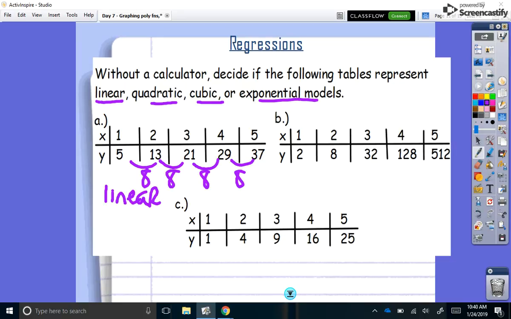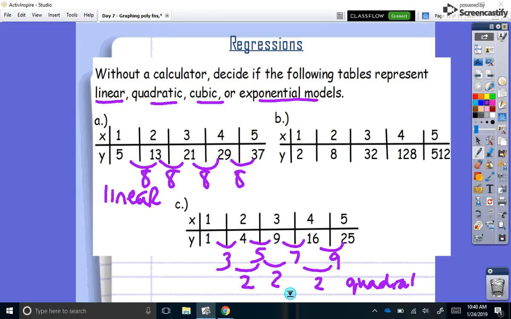But if I look at C, 25 minus 16, we have 9, and then 7, and then 5, and then 3. It's not linear, but if I do my second differences, they are the same, so it's quadratic. If we look at B, you can go through and check all of the differences, but they're not going to be the same first, second, or third.